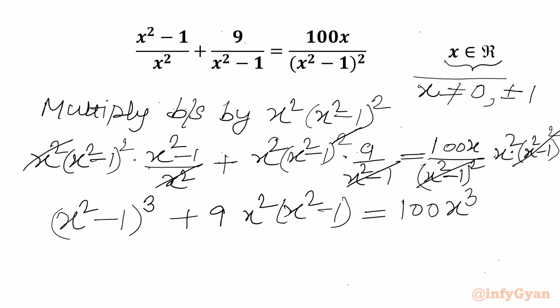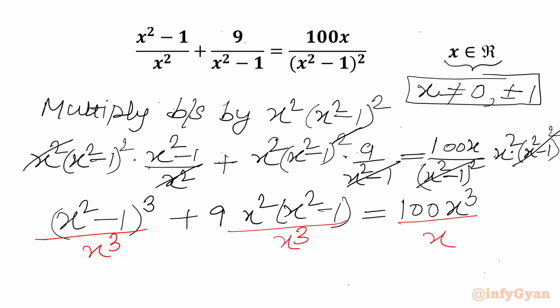Now x is non-zero, so I can divide both sides by x³. X is non-zero, so this will be over. Right hand side will be only 100.